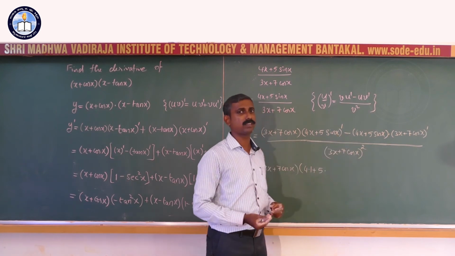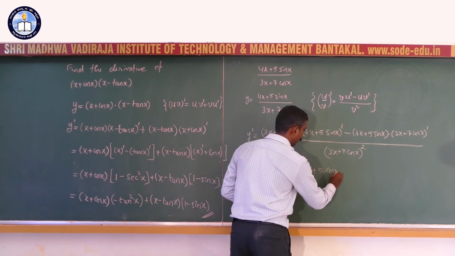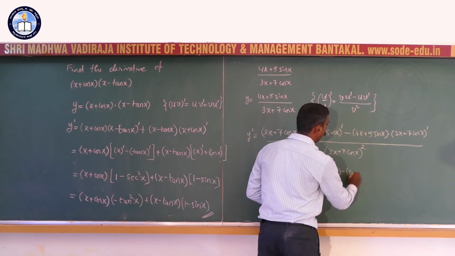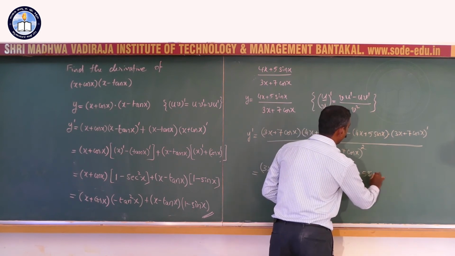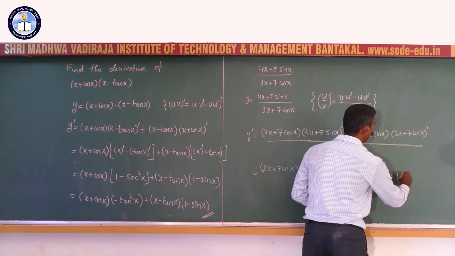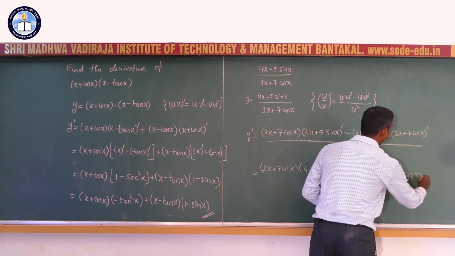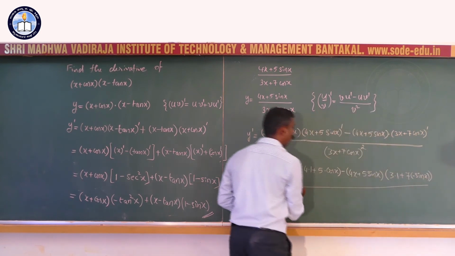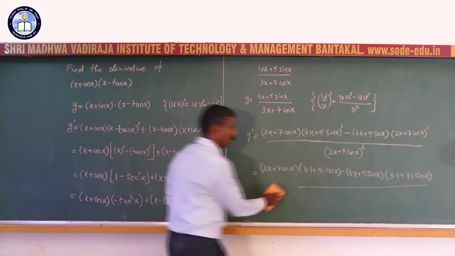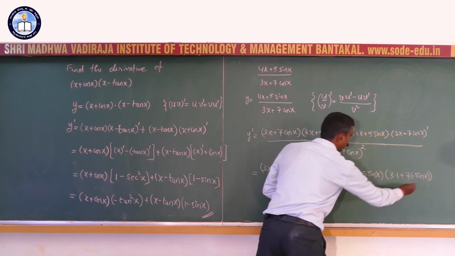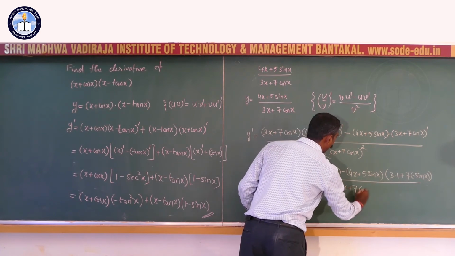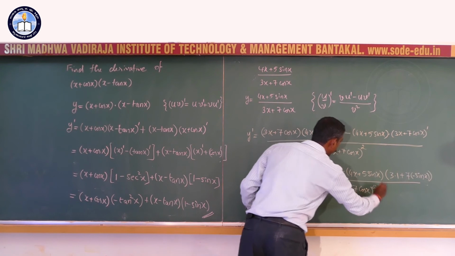The derivative of sin x is cos x, minus 4x plus 5 sin x into 3 into 1 plus 7 into minus sin x, whole divided by (3x plus 7 cos x) whole square. Sorry for that, it should be a straight line.